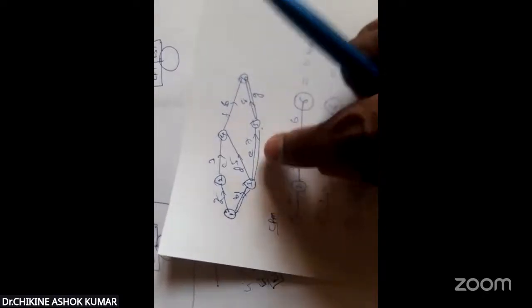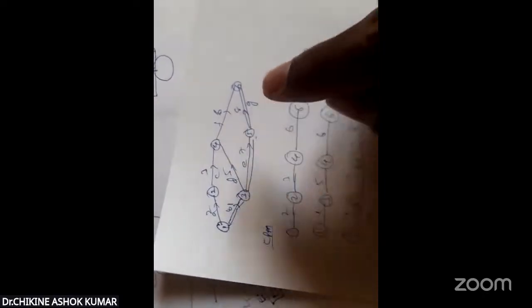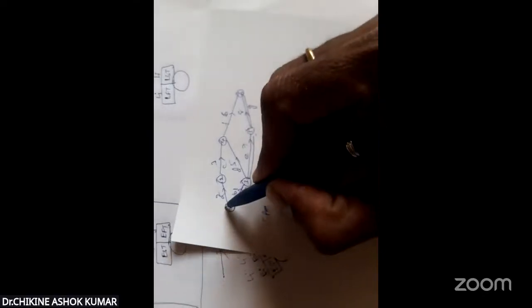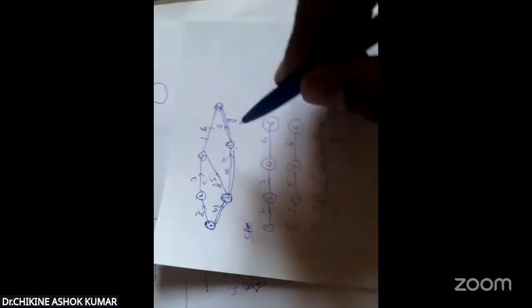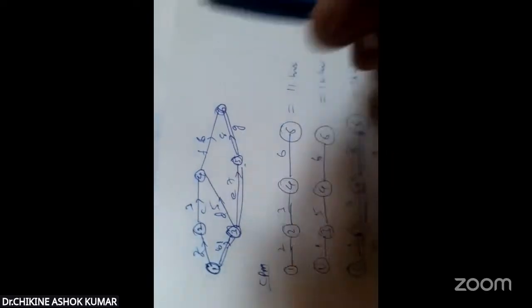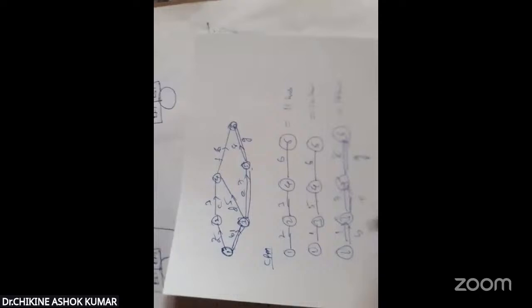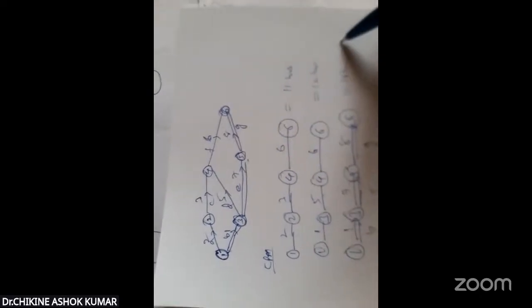So B, E, G are called critical activities. And in these critical activities, how many nodes are touching? 1, 3, 5, 6. These are called critical events. Is it clear? And this longest path is called critical path. Right? I'll show it in one diagram.